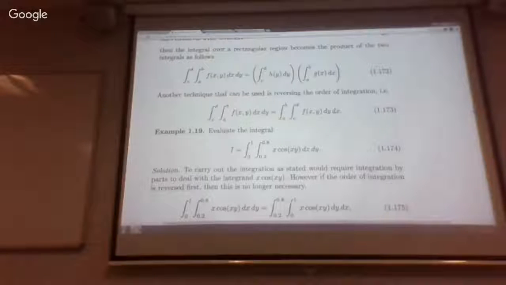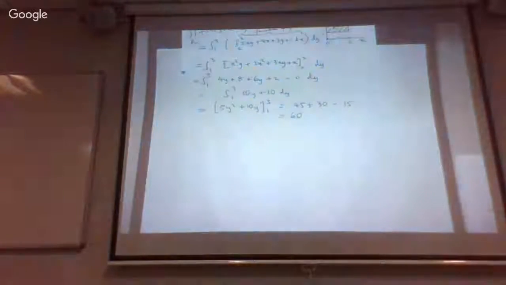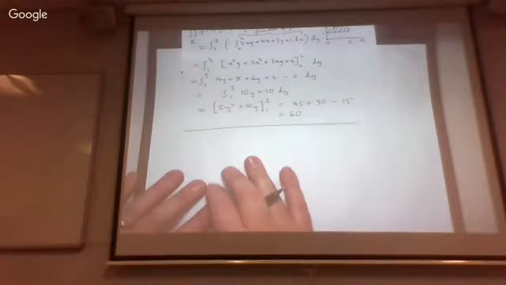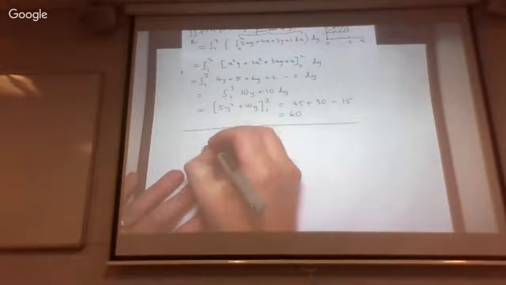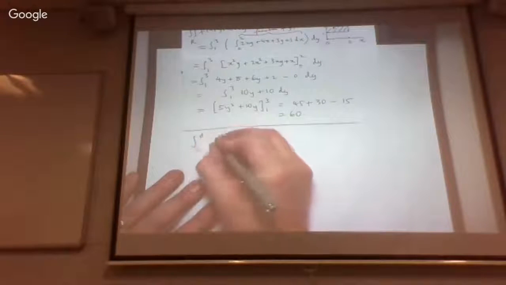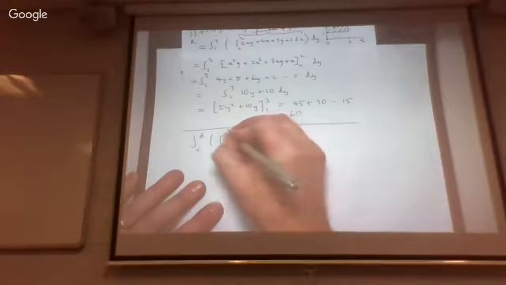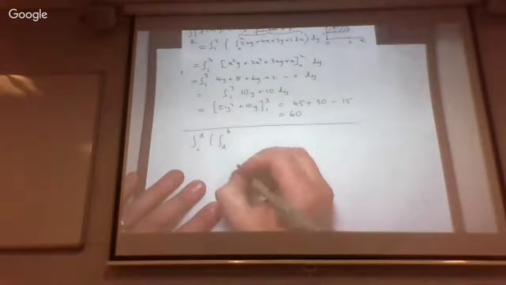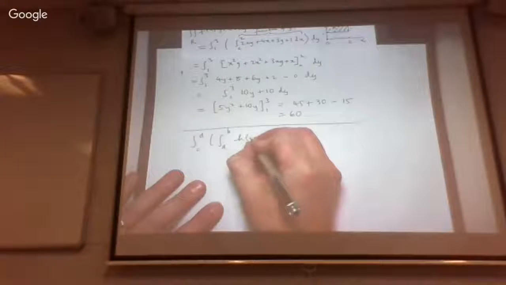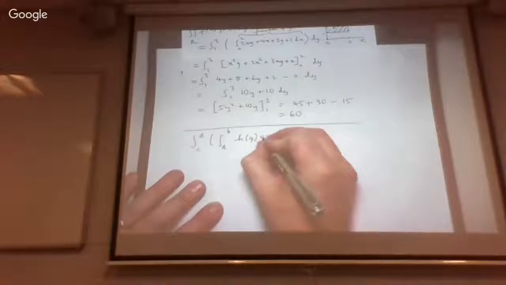So you start on the left-hand side. Okay, so we start on the left-hand side with the integral from c to d of the integral from a to b of f of xy, but if it's separable, this is h of y times g of x dx.